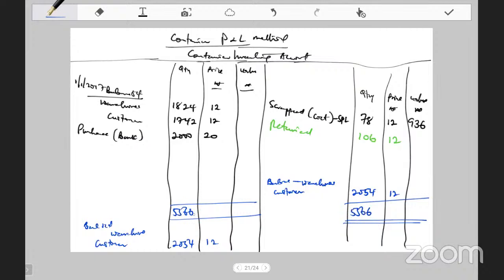Subtract 106, minus 78, then minus 2054. The answer is 3328. That is at 12.